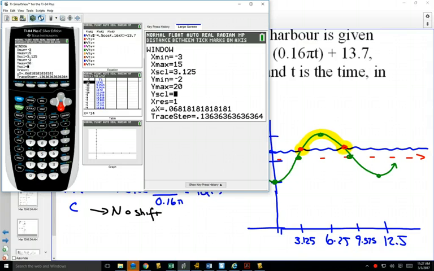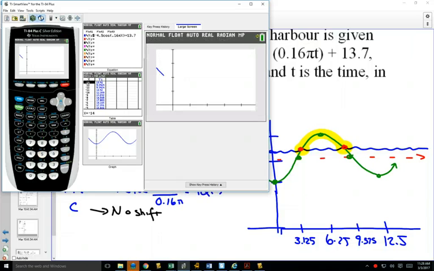I won't be able to put these ticky marks at 13.7 and 8.2 perfectly like that, but I might make my scale go by 5s just so that it's easier to count than by 1s. Now when I hit graph, I get a graph that matches up perfectly with the graph that I have.